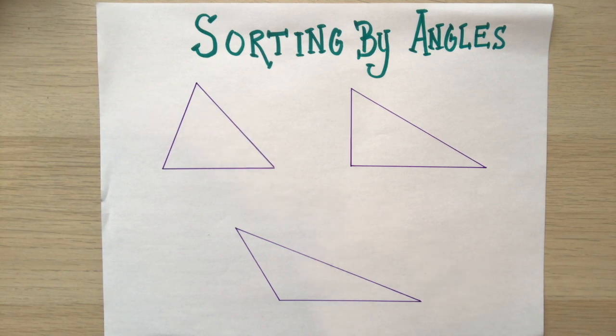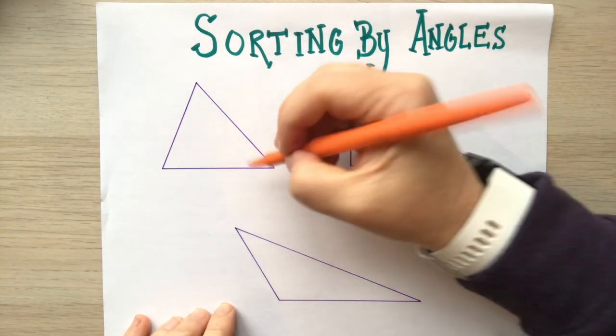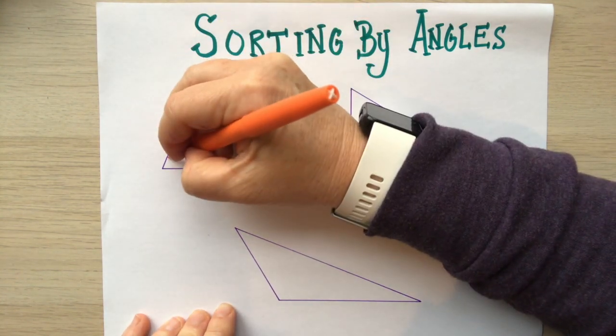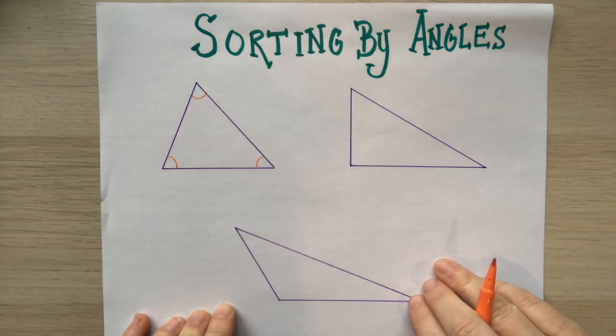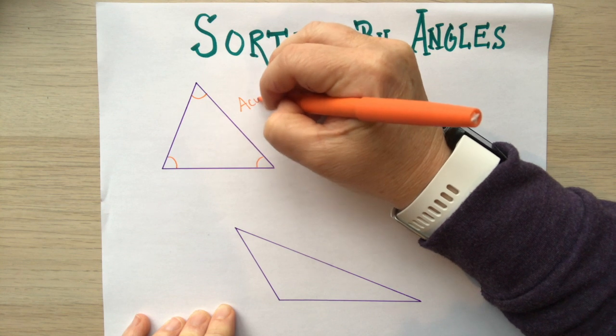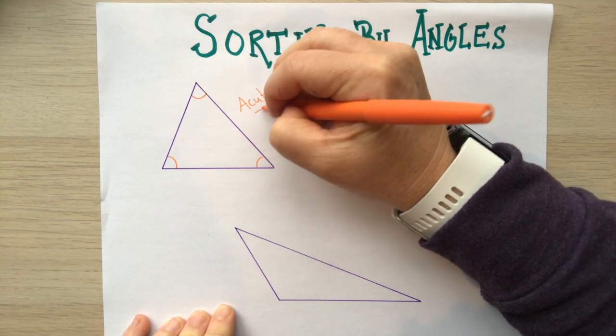The other way to sort out triangles is by their angles. For our first triangle here, all three of these angles are acute. So that means that this triangle is an acute triangle.